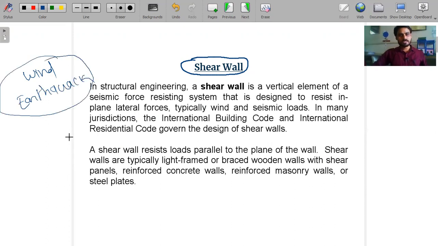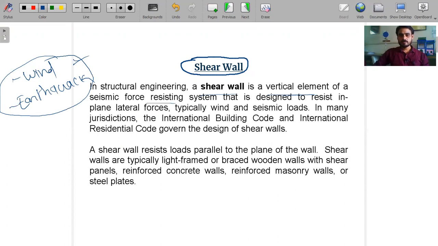To resist these lateral effects, we generally construct shear walls in multi-story buildings. In structural engineering, a shear wall is a vertical element of a seismic force resisting system.